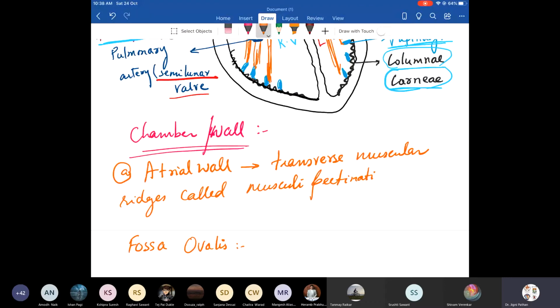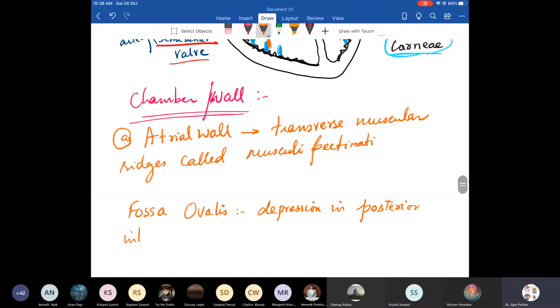What is fossa ovalis? It is a depression in the posterior interatrial septum. What is it exactly?